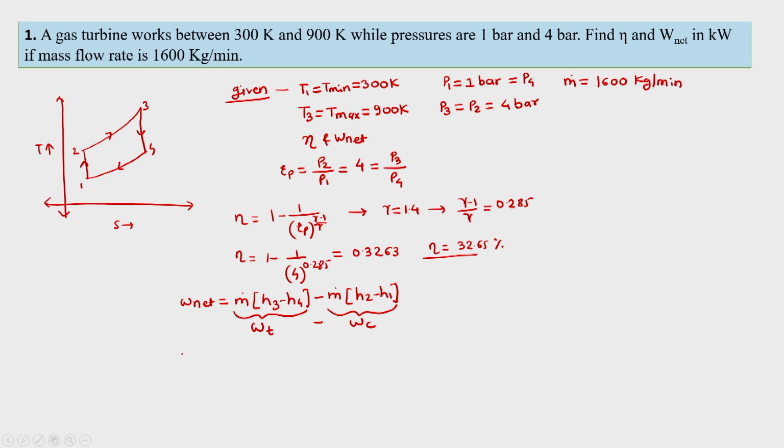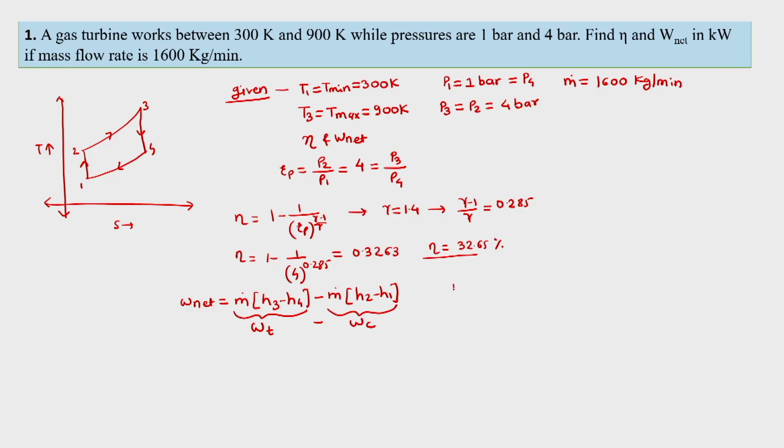While deriving the expressions, we were considering specific work, so we had units of kilojoule per kg. But now we have to multiply by mass flow rate, and it's a steady flow process, so there is only one mass flow rate through the complete circuit. The mass flow rate in the compressor is the same as in the combustor, the turbine and the pre-cooler.